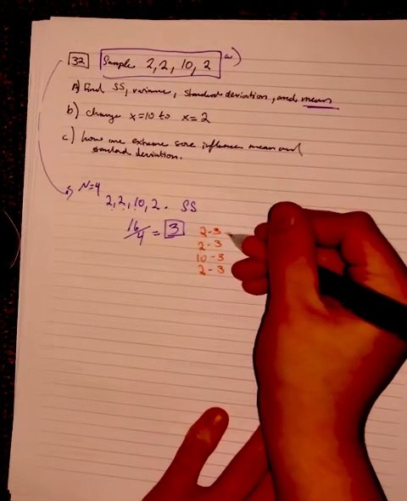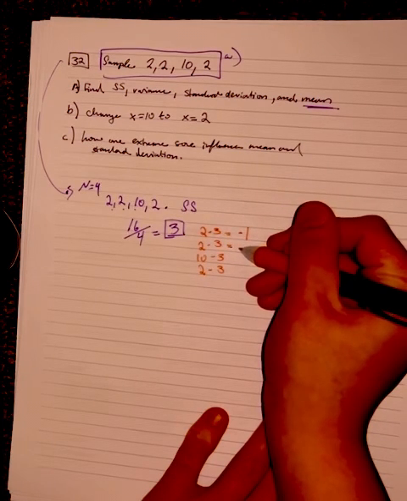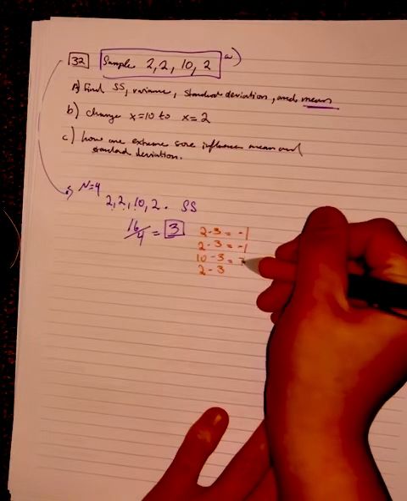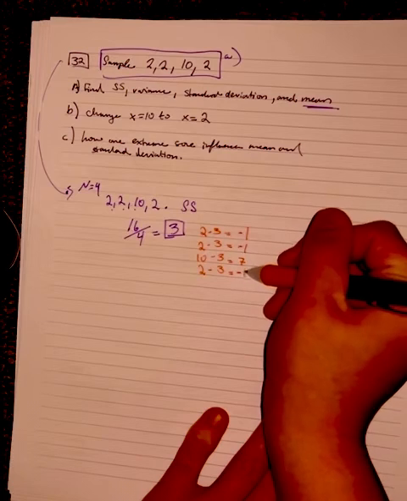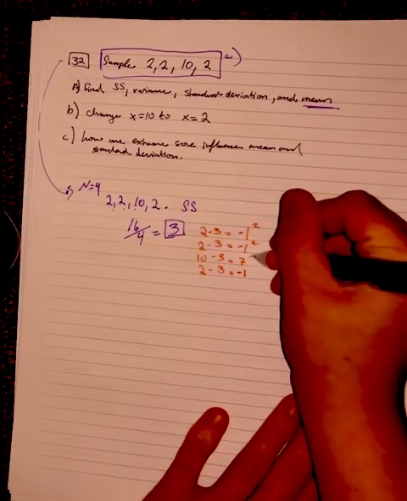So we should see -1, -1, 7, and -1, where 2 minus 3 is -1. And then we're going to square each of these values.